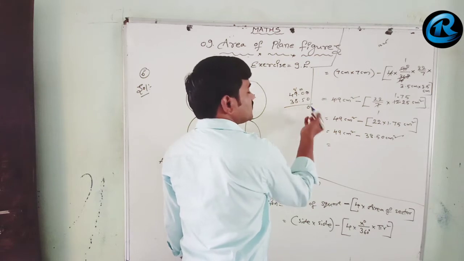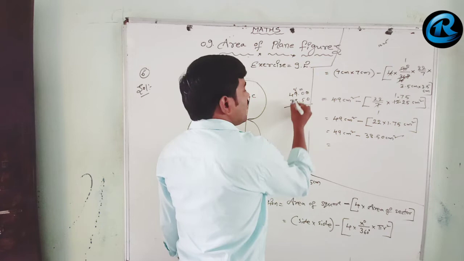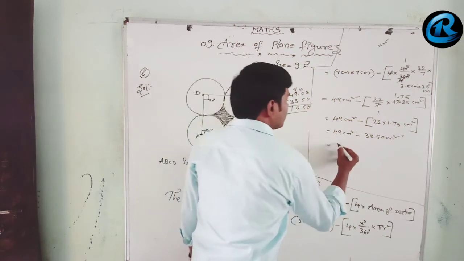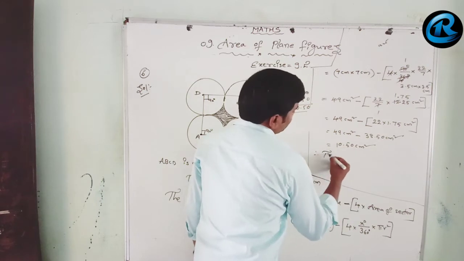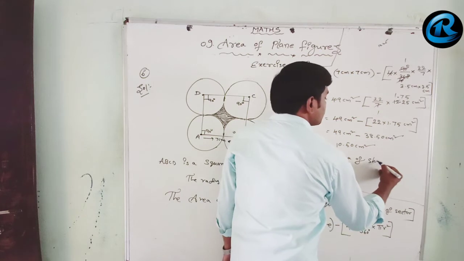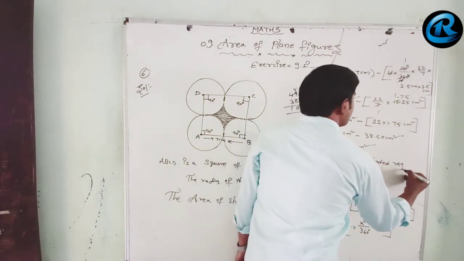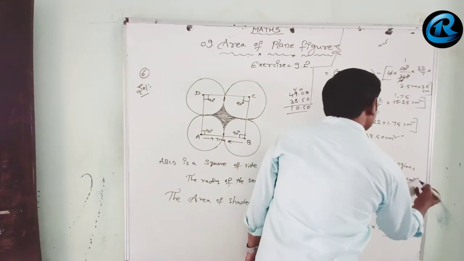However it is 0. 0 minus 0 is 0. 10 minus 5 is 5. 8 minus 8 is 0 and 4 minus 3 is 1. 10.50 centimeter square. Therefore the area of shaded region is equal to 10.50 centimeter square.